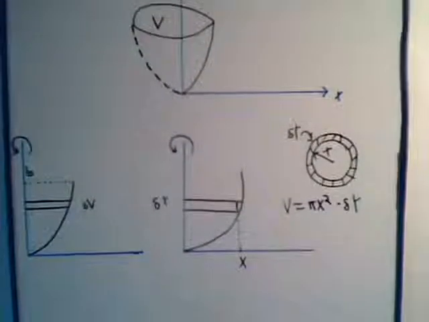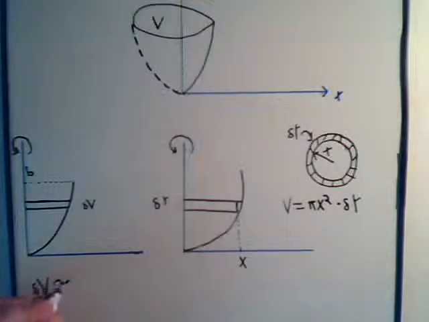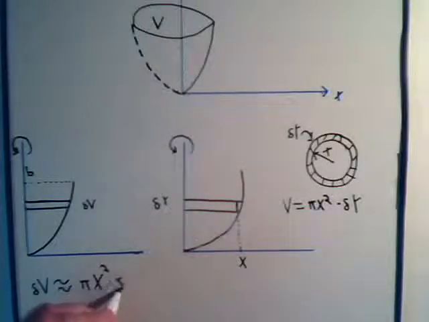So we can say that delta V is approximately equal to pi x squared times delta y.